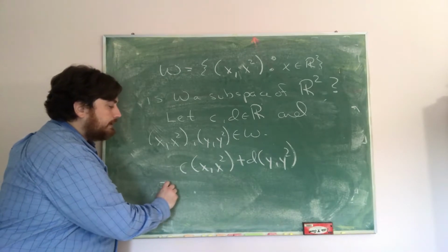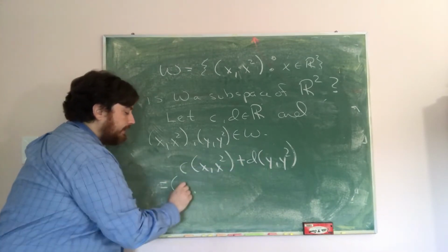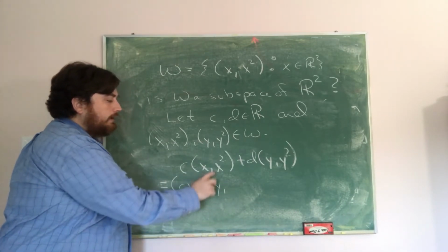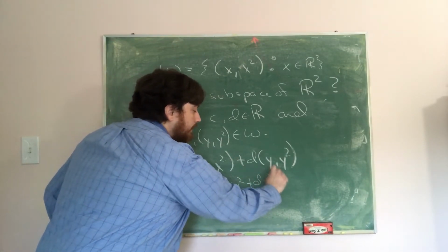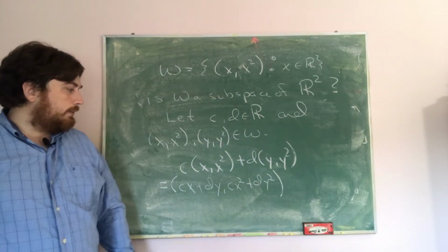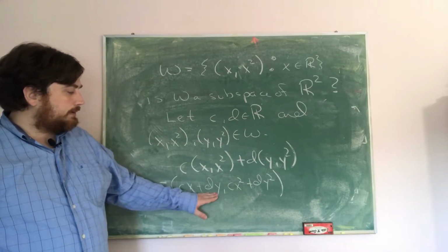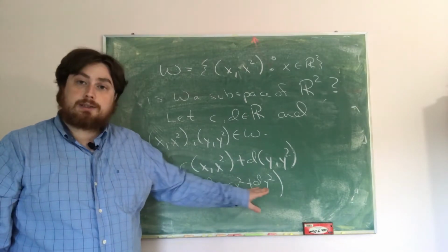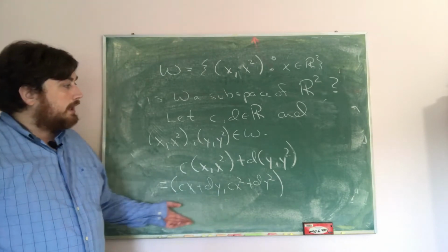What I'm going to see here is that this becomes (cx plus dy) as the first term, and then I get cx squared plus dy squared. And what I want to know is, in general, if I take a constant times x plus a constant times y, and I square it, is that equal to this? If it is the case, then this is in W. If that's not the case, then it's not in W.